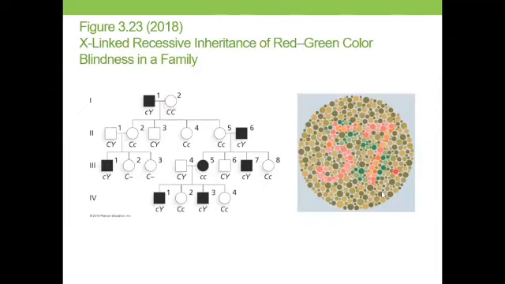Another example is red-green color blindness. If you look at the figure on the right side of this PowerPoint slide, you will see a number in this circle. I see number 57, but it says that some people see 35. So if you see 57, that means you are normal.